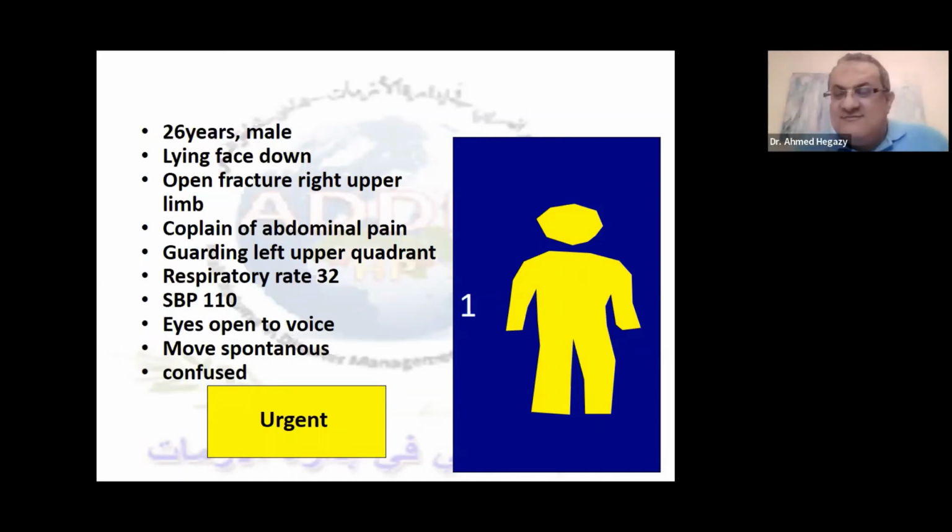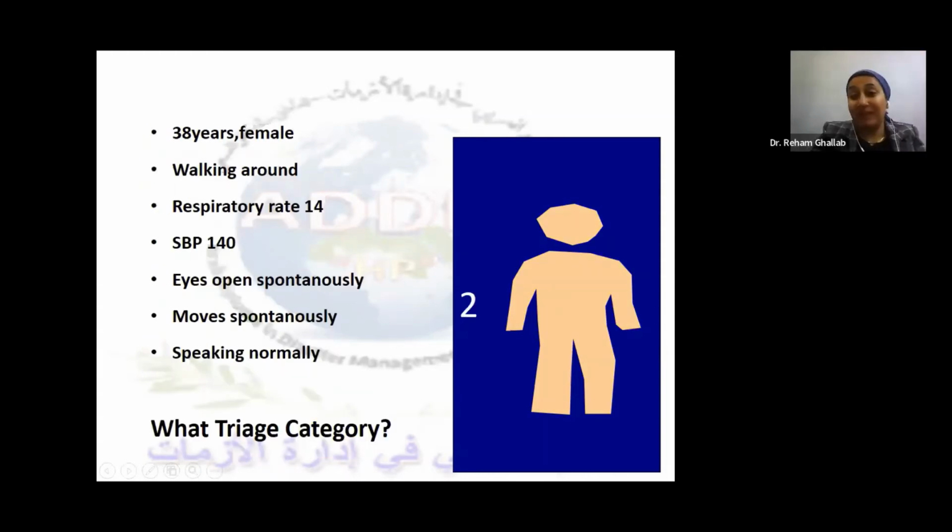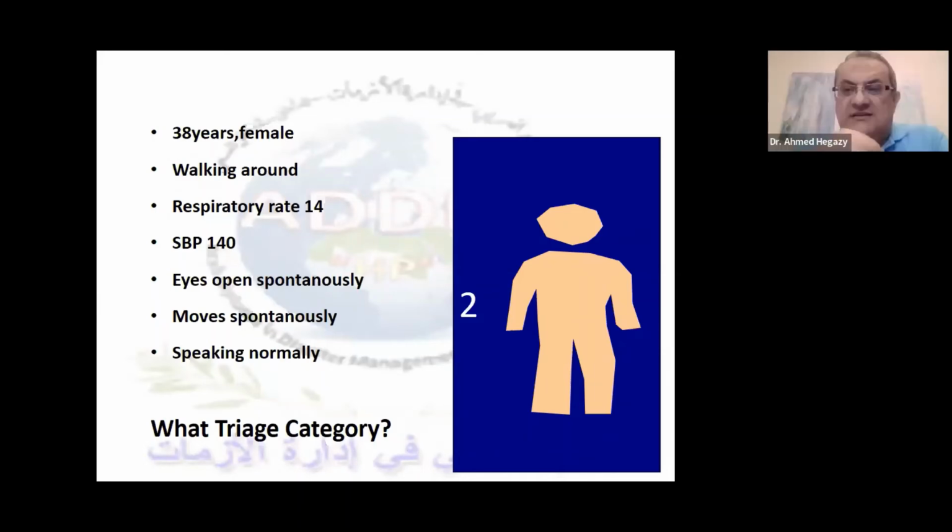Interesting. Let's have the last one. It needs to be practiced, because if you are in a situation and you are trained well, you can react quickly.